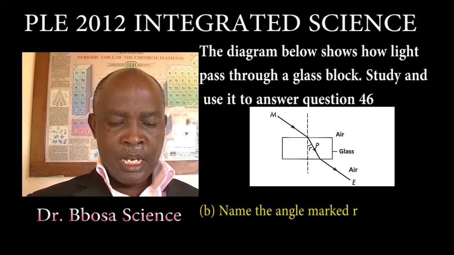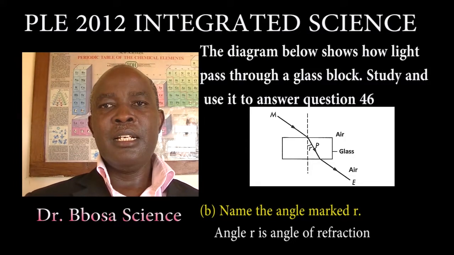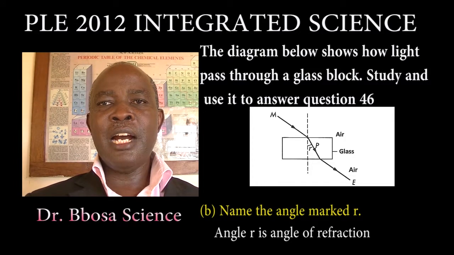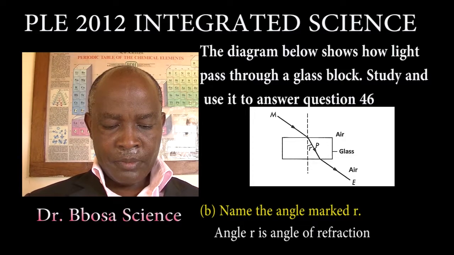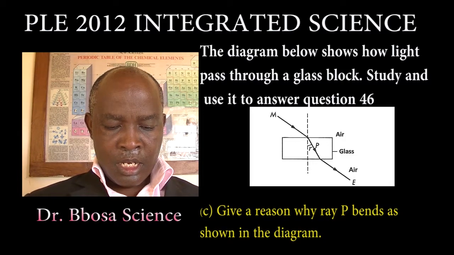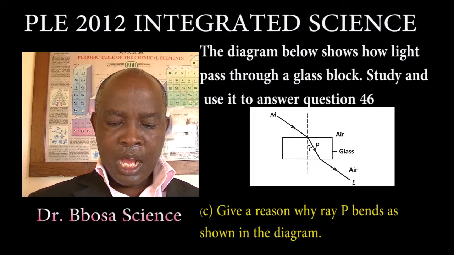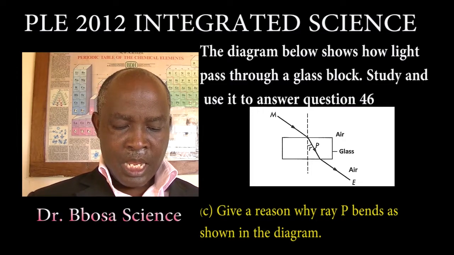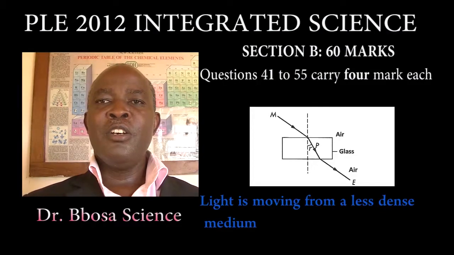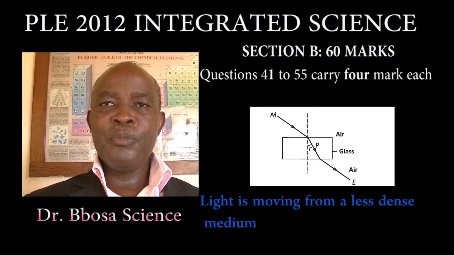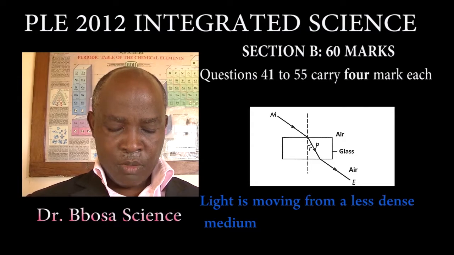B. Name the angle marked R. Angle R is angle of refraction. C. Give a reason why ray P bends as shown in the diagram. Light is moving from a less dense medium to a more dense medium.